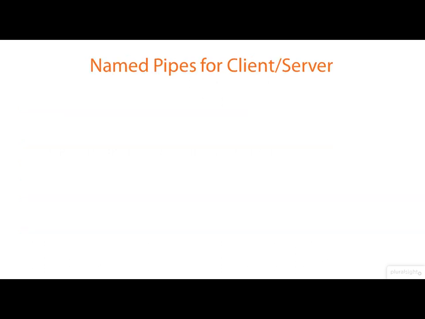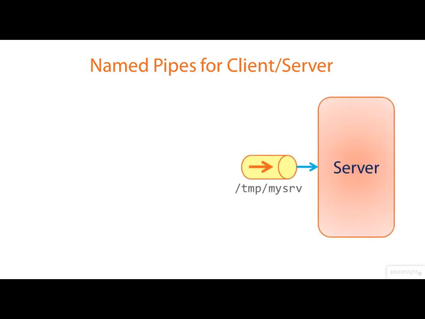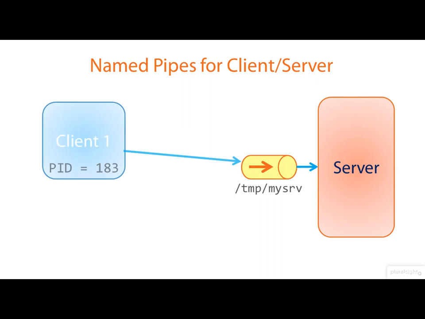Now, named pipes provide us with one model that can be used for client-server communication. The idea is that a server listens on a well-known named pipe name like /tmp/mysrv as we have in this example. A client connects and sends some kind of request.